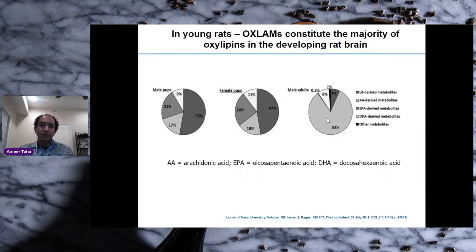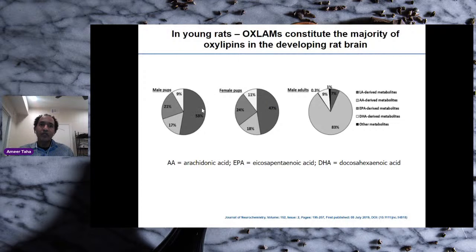But there's one notable difference. If you look at this dark gray part of the pie chart, in both male and female pups, this is 0 to 1 day old rats, baby rats basically, half of the oxidized lipids in the brain, which we call oxylipids, are made of these OXLAMs.